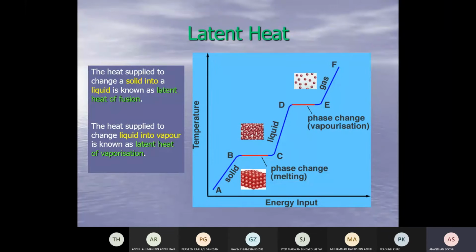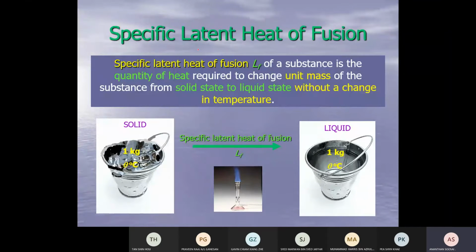The heat supplied during the change from solid to liquid is called latent heat of fusion; from liquid to vapor, latent heat of vaporization. The definition of latent heat of fusion: the amount of heat energy required to change a unit mass of substance from solid to liquid state without change in temperature.